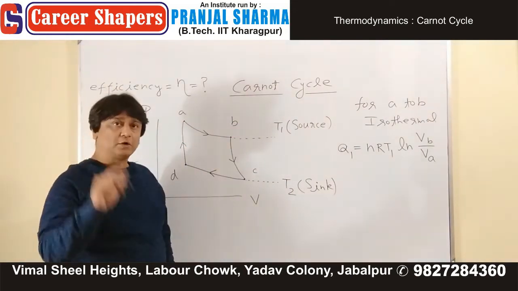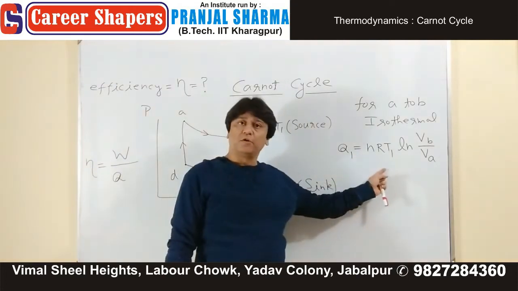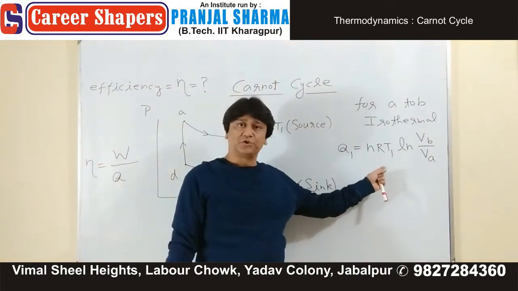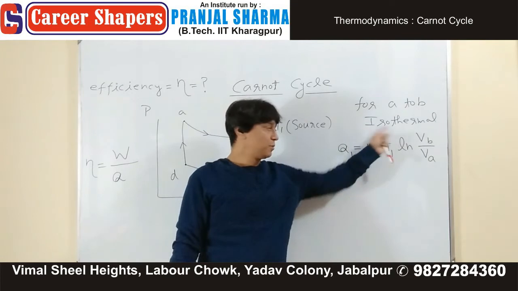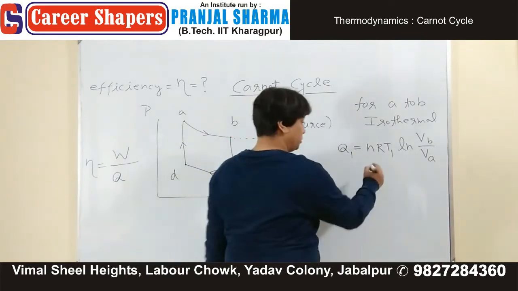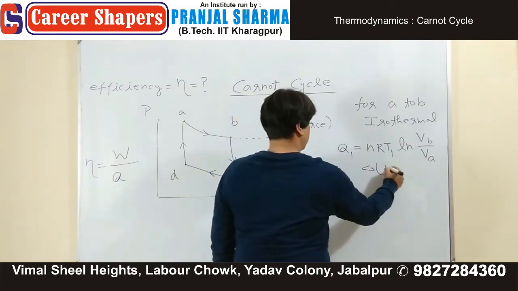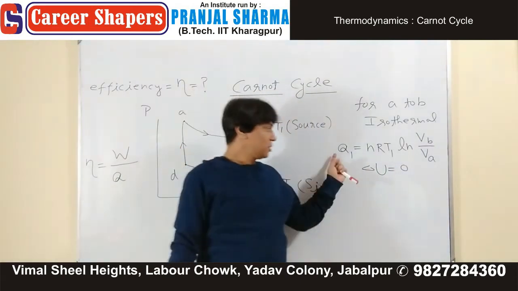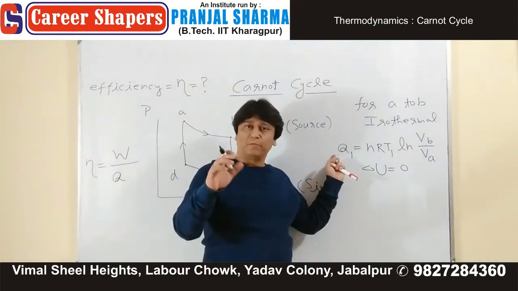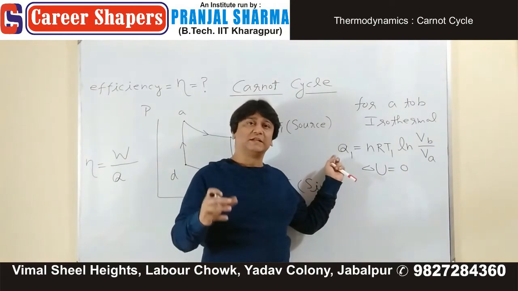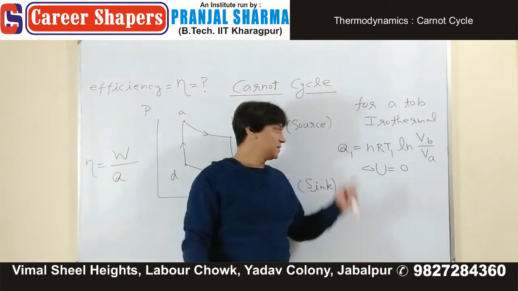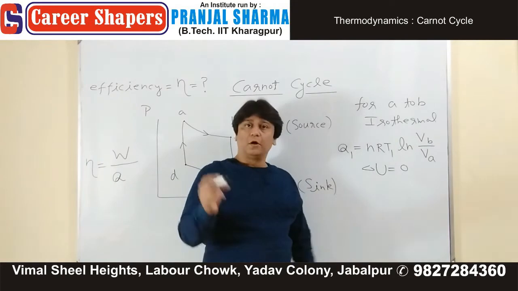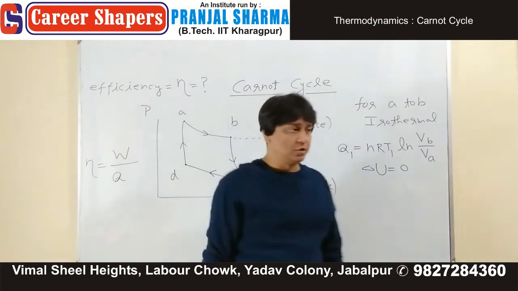And I did not take the term of U, change in internal energy, because it's an isothermal process. For isothermal, you know that delta U term is 0. We are interested in the heat supplied, and let's say that is Q1 only, or integration of dQ for that matter.